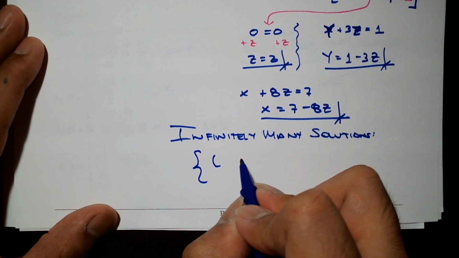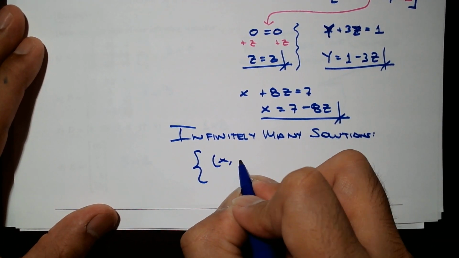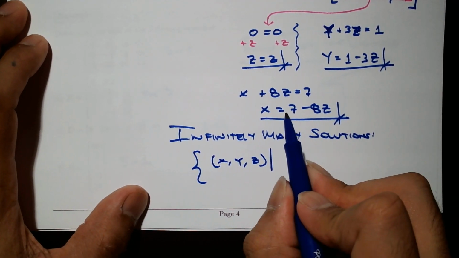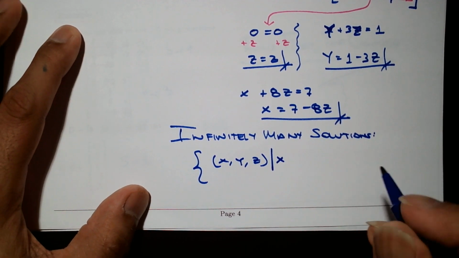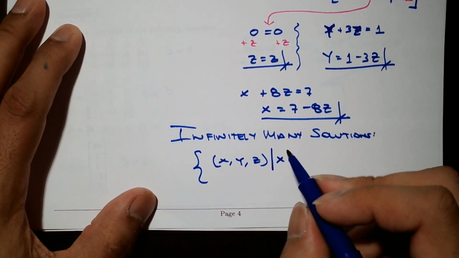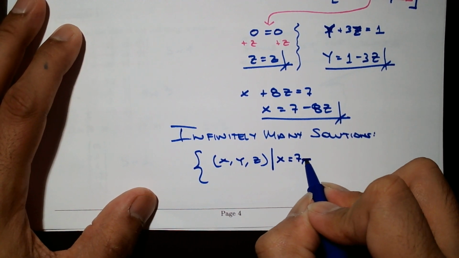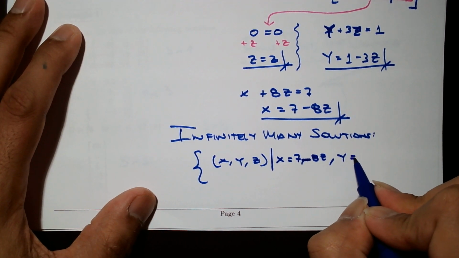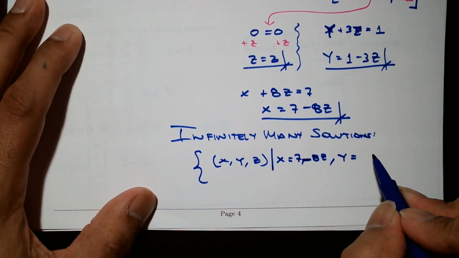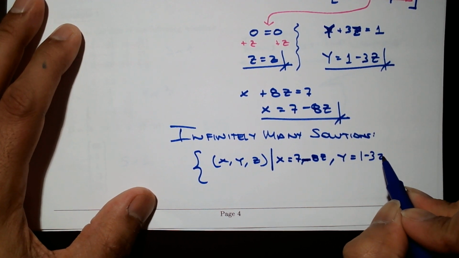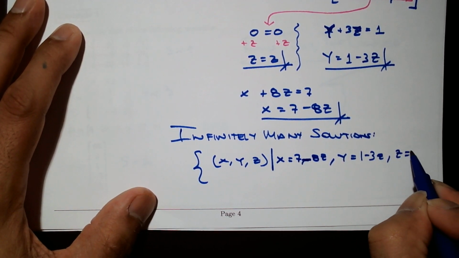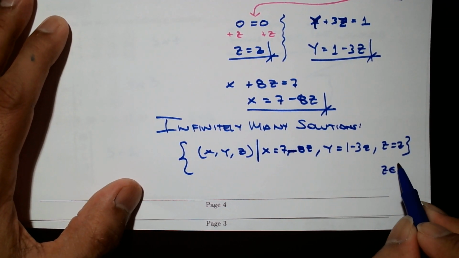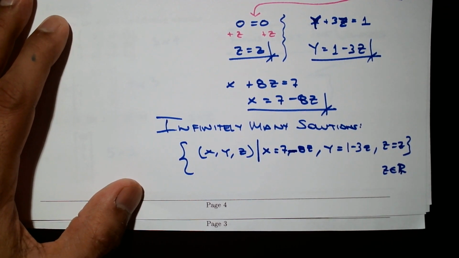Curly braces, all the ordered triples such that x equals 7 minus 8z, y equals 1 minus 3z, and z equals z. And typically they add that z belongs to all the real numbers. It can be any real number.